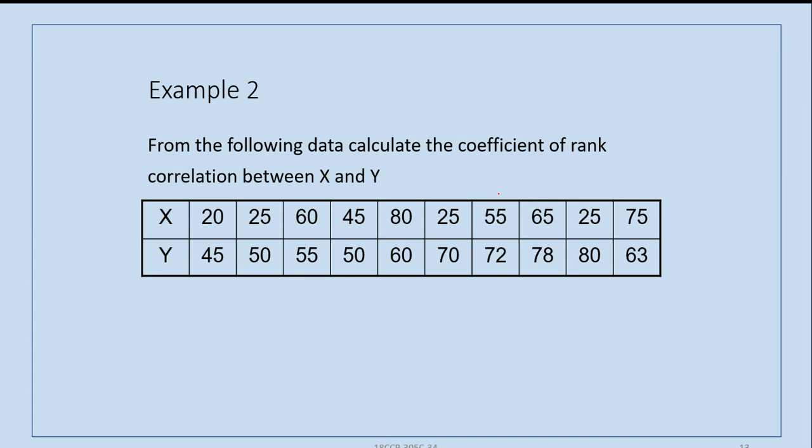2.5, 2.5: second position and third position are over. Fourth position is 55, fifth position is 60, sixth position is 63.